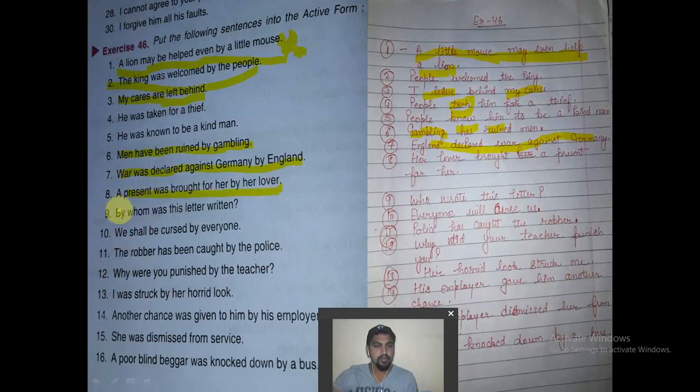By whom was this letter written? Now, by whom, I told you, is to be changed into who when we write the active form. And when we see the verb, we see was plus written is used. That is again a past indefinite statement, so the second form of verb is to be used. Who wrote this letter?